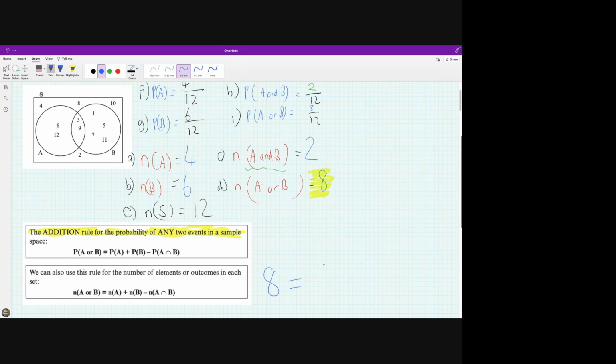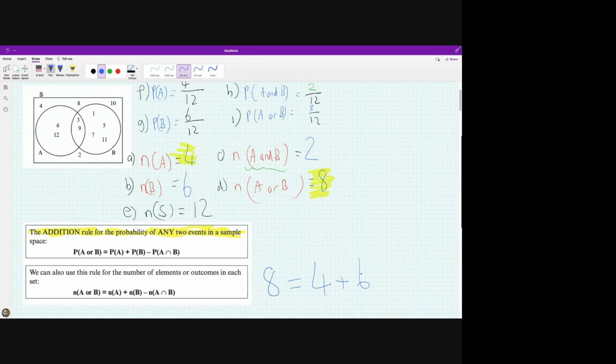Well, the n of A is 4. So that was this one over here. Now, if I go to the n of B, what's the n of B? n of B is 6. Oh my goodness. 8 does not equal 4 plus 6, does it?